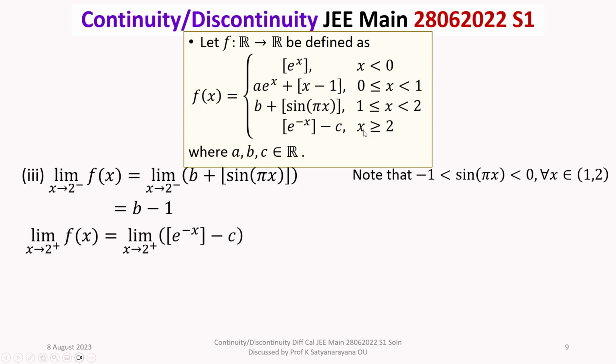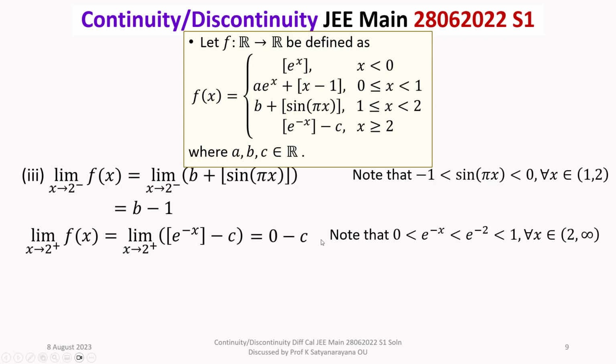And the limit as x tends to 2 plus of f of x. 2 plus means x greater than or equal to 2, so this branch you have to consider. Note that 0 is less than e power minus x is less than e power minus 2, and 0 is less than e power minus 2 is less than 1, for all x belongs to 2 to infinity. That means the bracket of e power minus x will be 0.